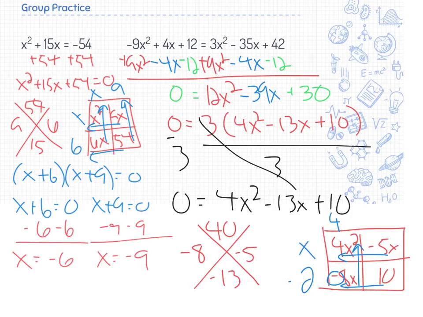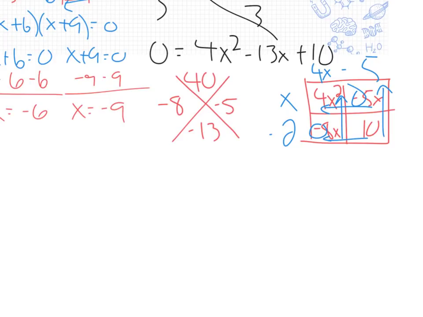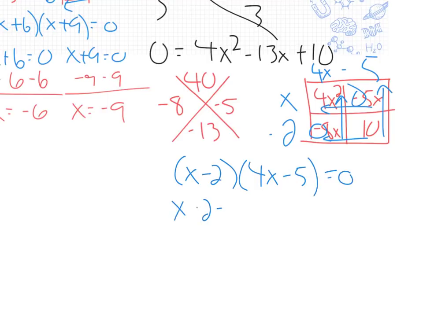There we get 4x, and here we're going to get 5, and that negative makes it a negative 5. So then x minus 2 times 4x minus 5 equals 0. x minus 2 equals 0, and 4x minus 5 equals 0, setting each of our factors equal to 0.